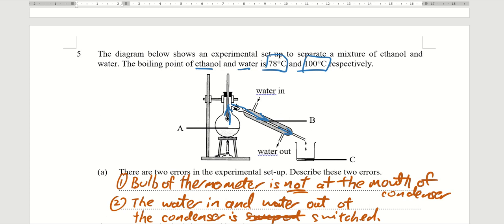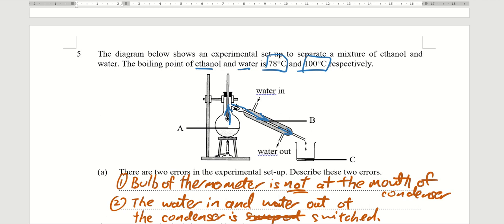So what is going to happen? Basically at 78 degrees Celsius, ethanol is going to vaporize. After ethanol vaporizes, it will travel up to the top of the round bottom flask, and then travel into the condenser, which will condense it into ethanol again, and it drips out as a condensate for ethanol. After which the temperature will continue to rise.